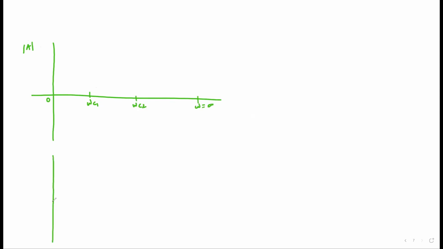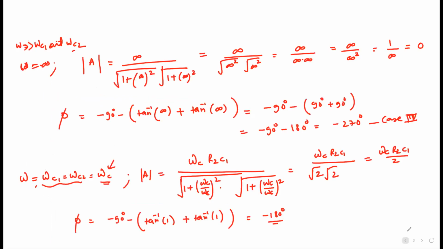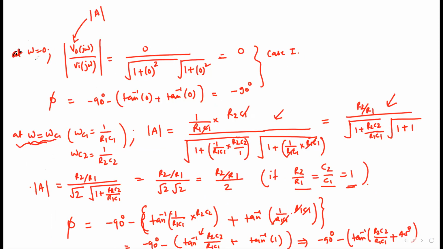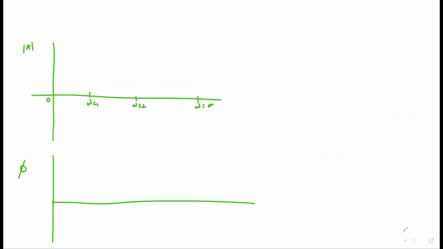Similarly, for the phase, we see this is your phi and this is your phi. So at the case number 1, at omega is equal to 0, we have magnitude 0 and the phase is minus 90. So let's plot that out. Magnitude is 0 and the phase is minus 90 degrees. Let's say like this.